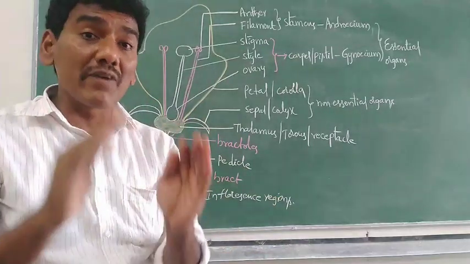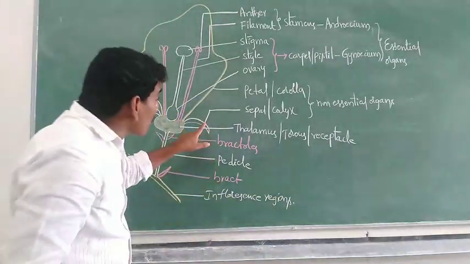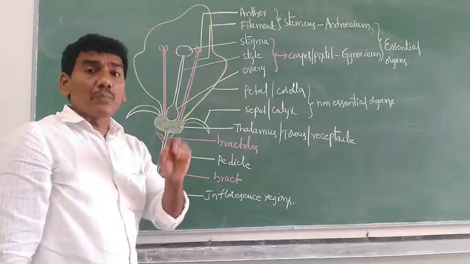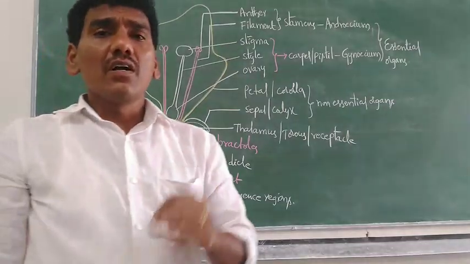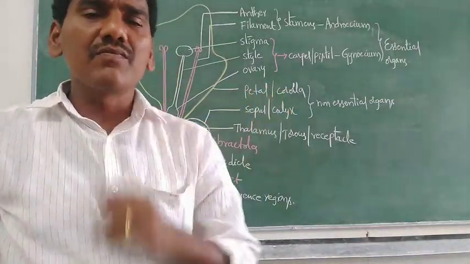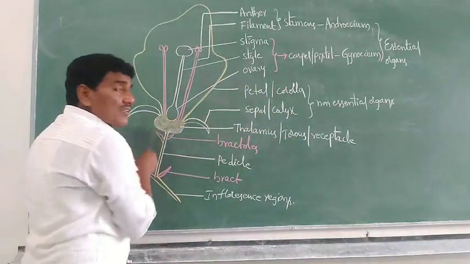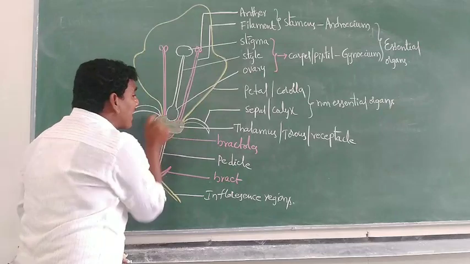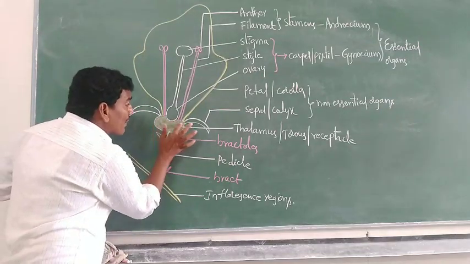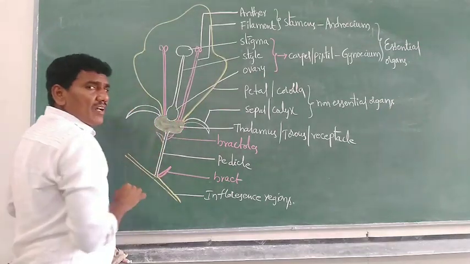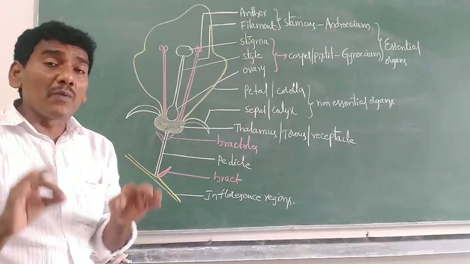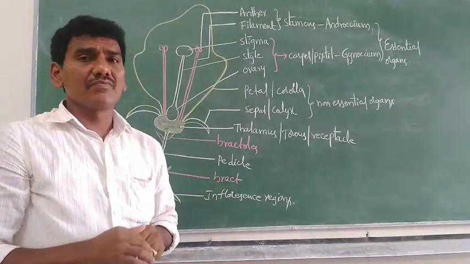Like that, in flowers also the four floral parts are developed from the node region. The nodes are present in a condensed manner.